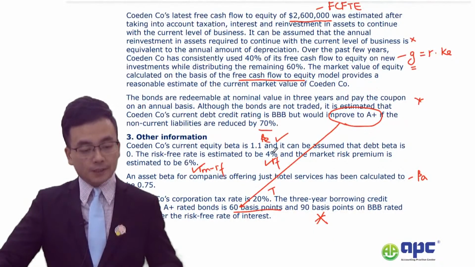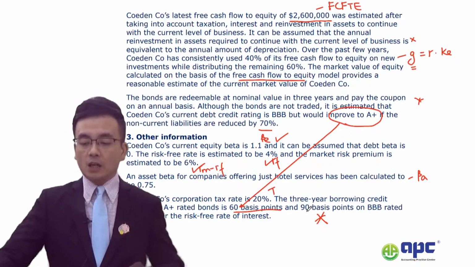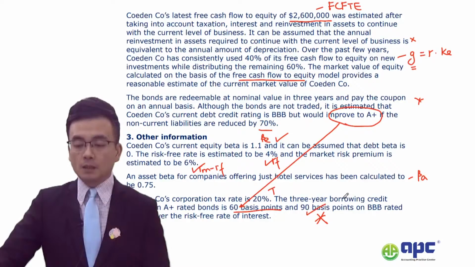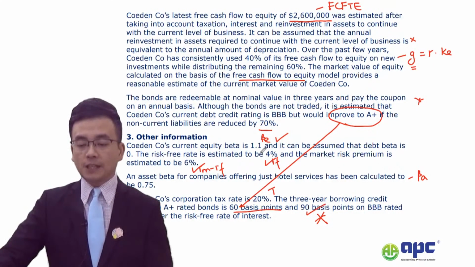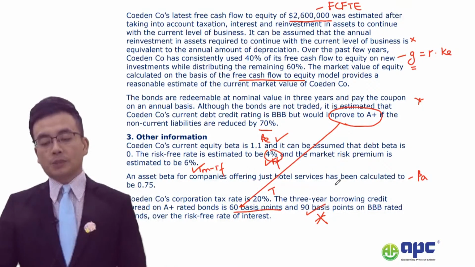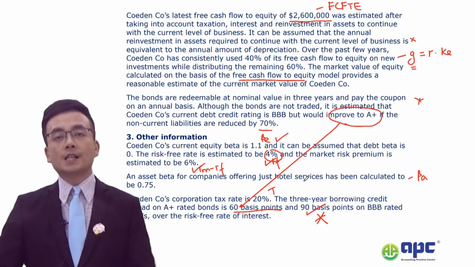Given that the credit rating now is BBB, that should be 90 basis points. Because currently the risk-free rate was 4%, that's why it's 4% plus 90 basis points as the cost of debt currently.